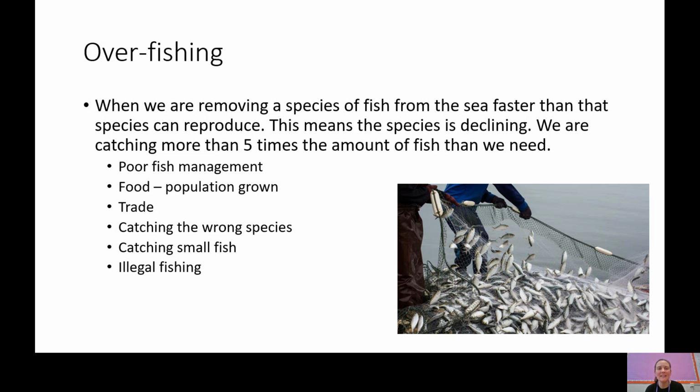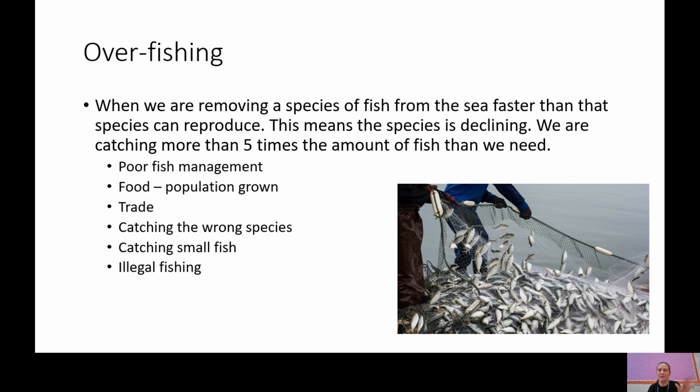So the next one we're going to discuss is overfishing. This is when we're removing a species of fish from the sea faster than that species can reproduce. And that means that the population of that fish species is getting smaller. In the world at the moment, we are catching 5 times the amount of fish that we need.